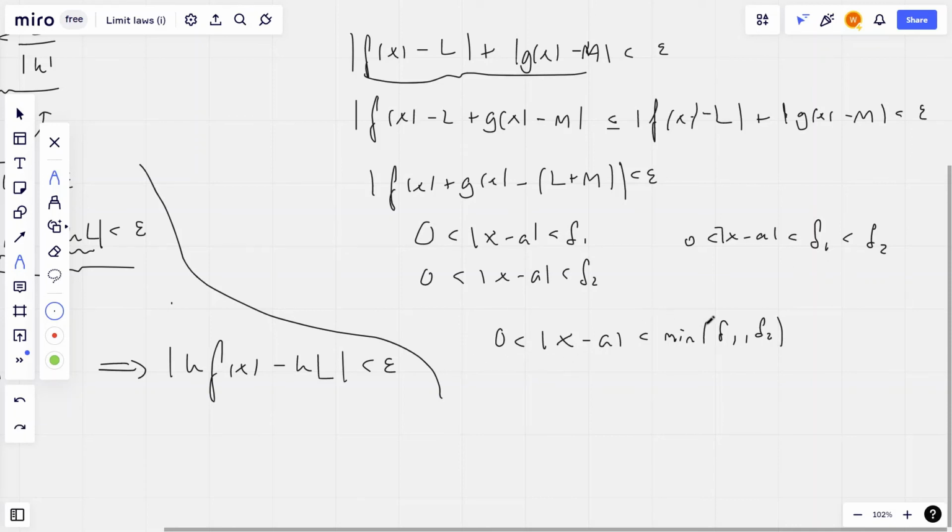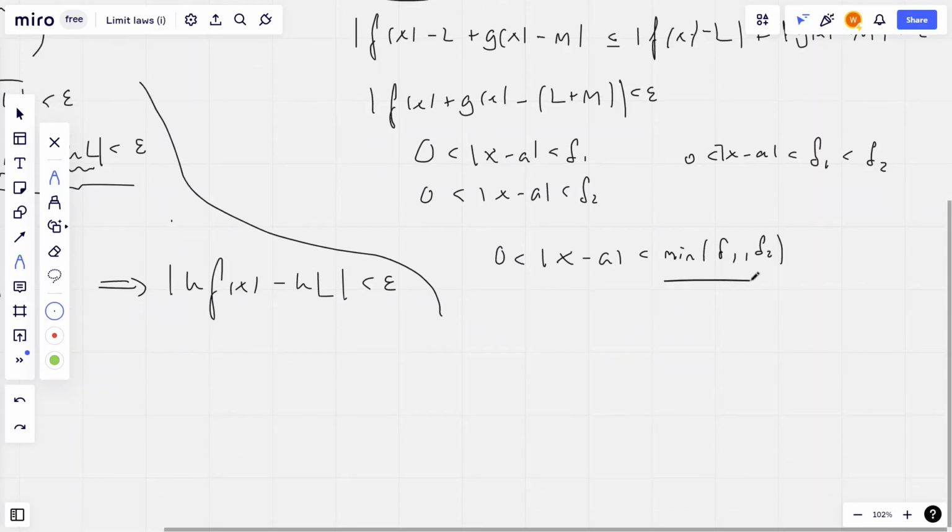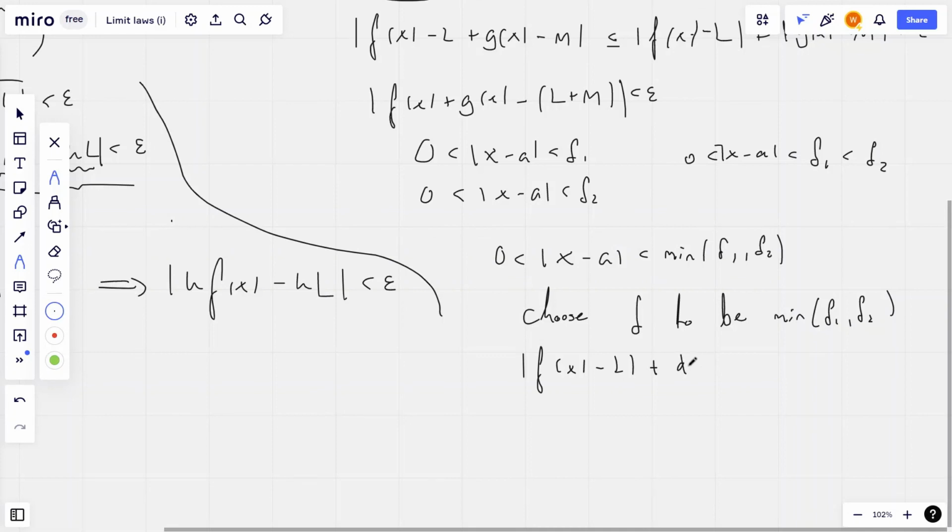So we can do this. If we choose our delta to be the minimum of delta 1 and delta 2, then we get that |f(x) - L| plus the modulus of |g(x) - m| is less than epsilon.